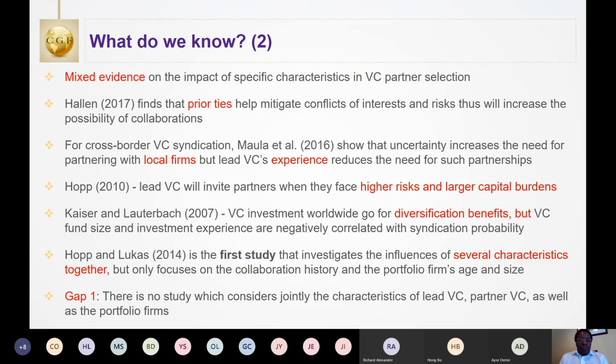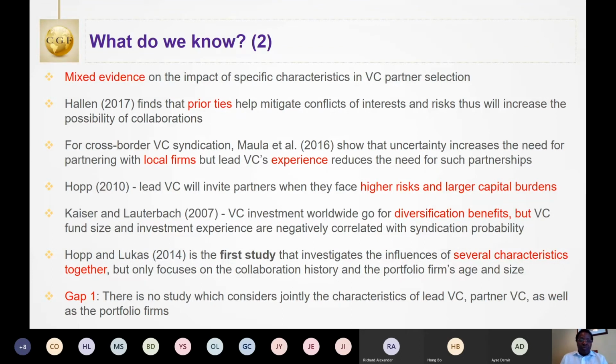Just to pick on some of them, Harden, for example, emphasizes prior ties, prior transactions, prior organizations, that because of the prior ties and prior collaborations, this would help to mitigate conflicts of interest and risks.